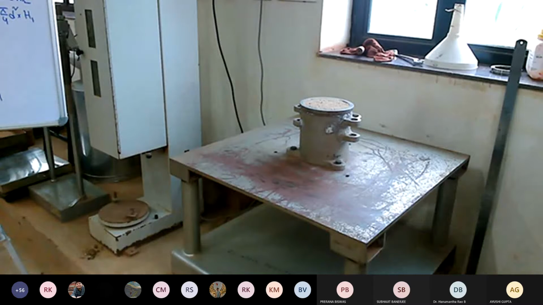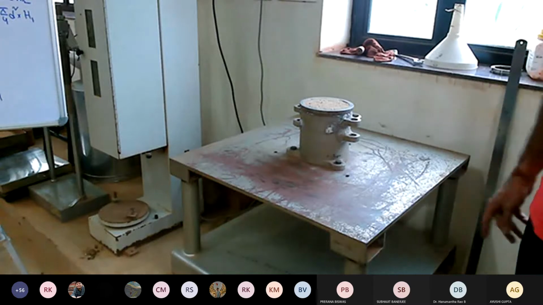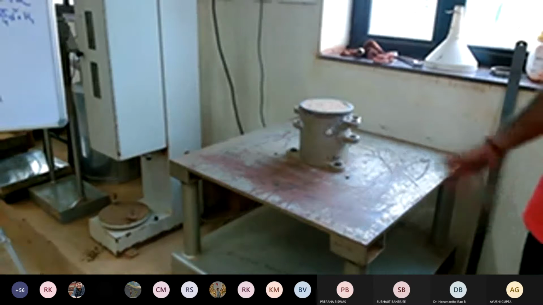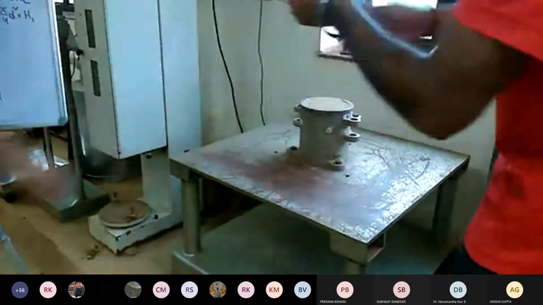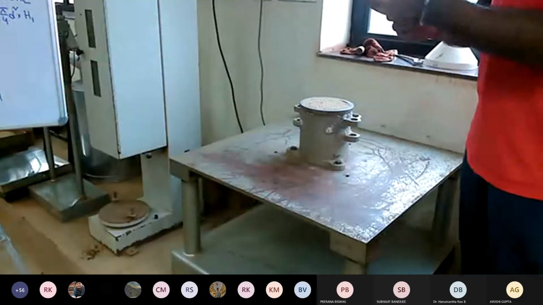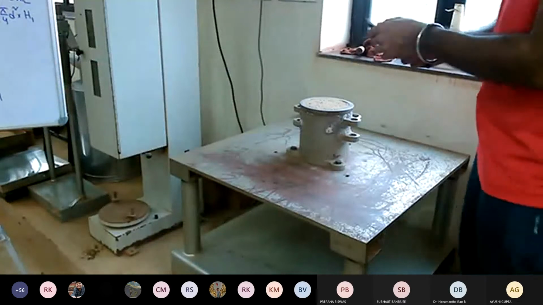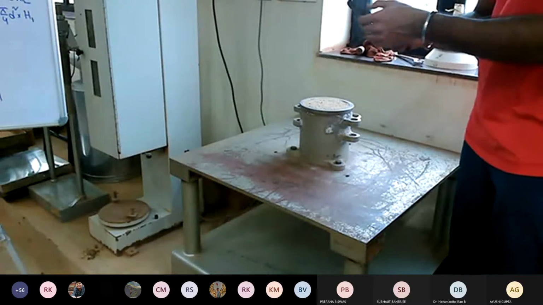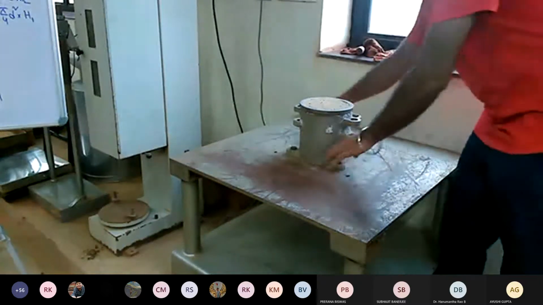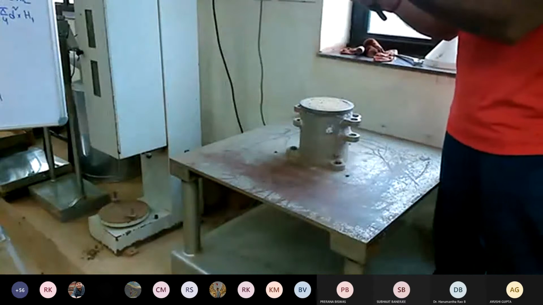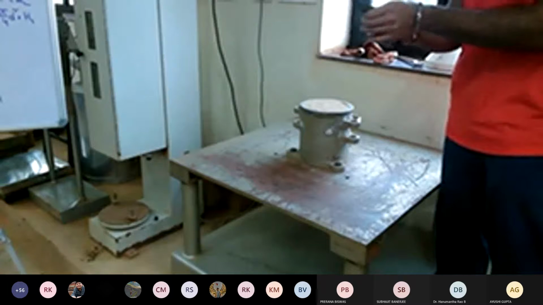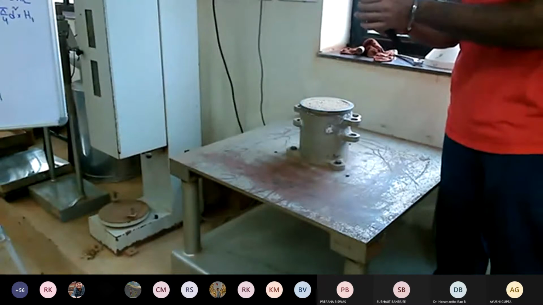After we have filled this dry soil in a loose state, we have to make sure that while taking the reading and moving this mold, we are not applying any kind of agitation or vibration to the soil, so that it remains as undisturbed as possible till we apply the required vibrations. As per the standards, we have to apply the vibrations for 8 minutes, which we will monitor through a timer on our mobile.